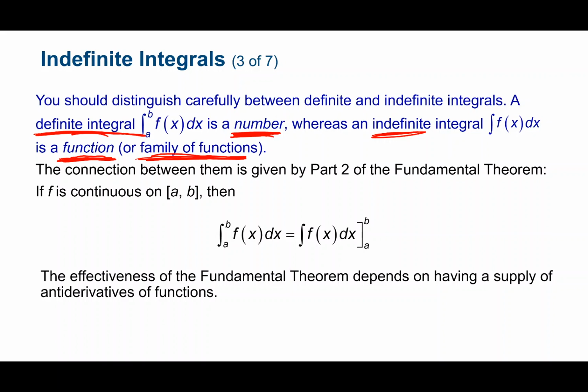So really what I would prefer to have written there, I would like to see them have this, right? We got an antiderivative, and then that antiderivative we're evaluating between a and b. Same thing.